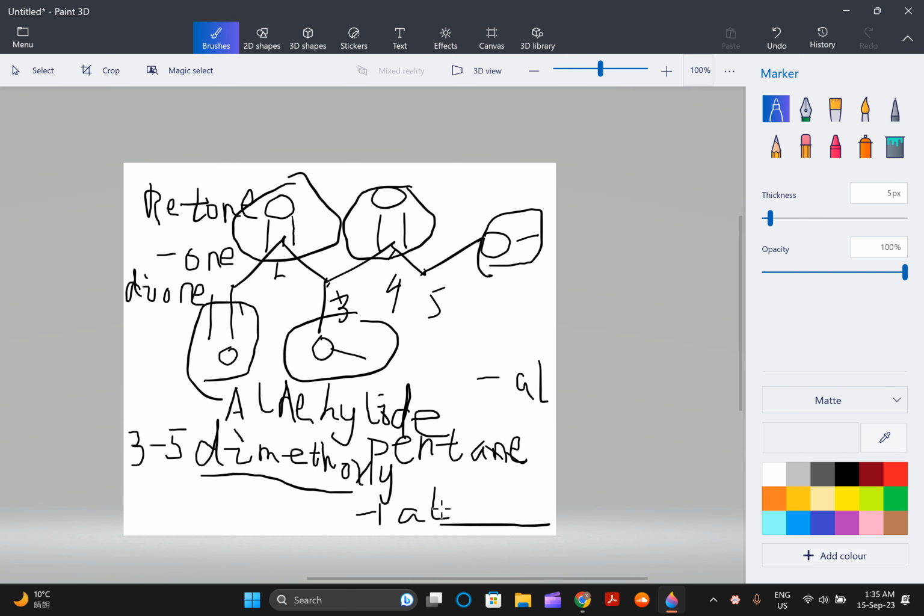So al is less important than the ketone. So we put -1 al over here, and later we have 2 and 4. And where we get the 2 and 4 is over here. Here's the 2 and here's the 4. And later we'll have dione. And this is the final equation.